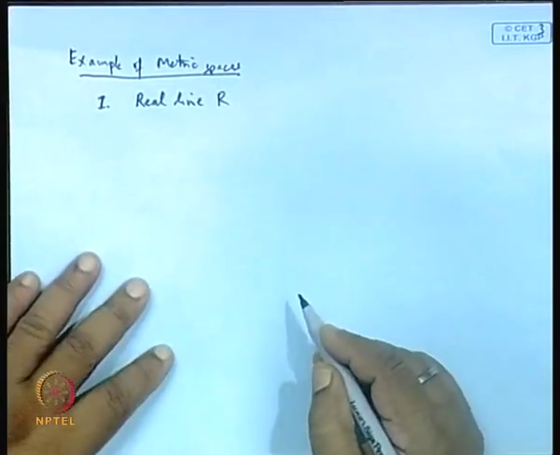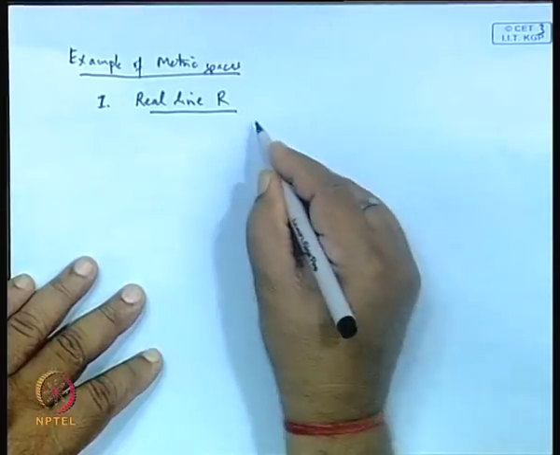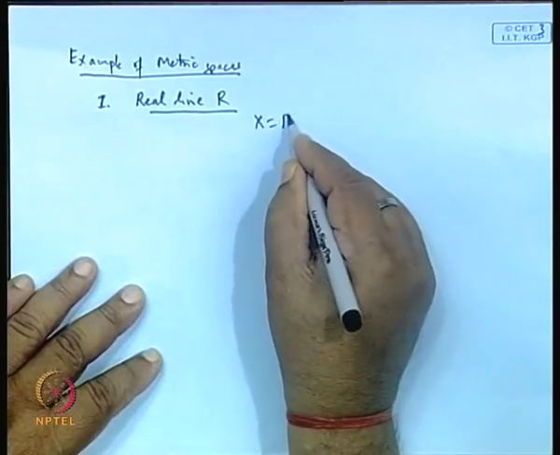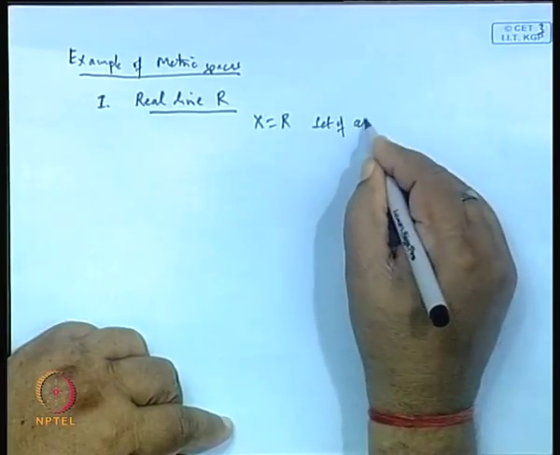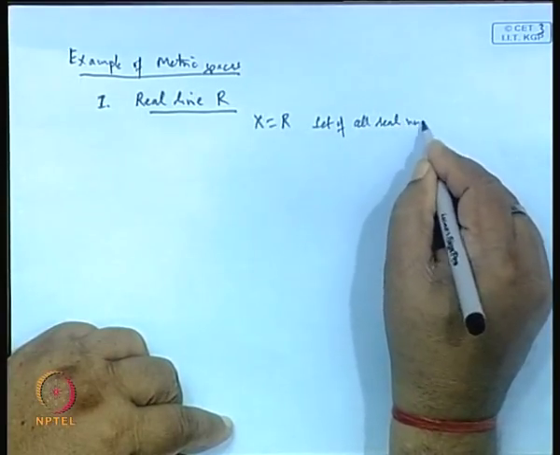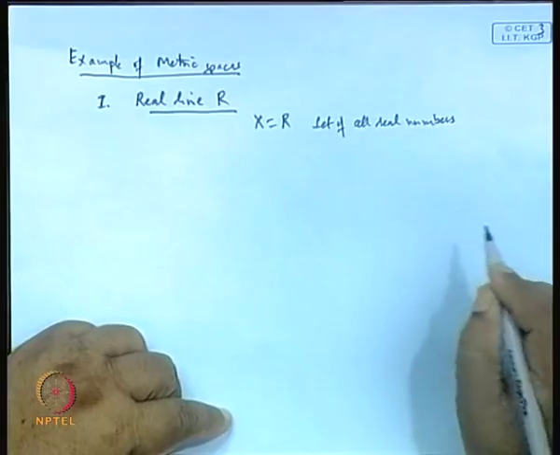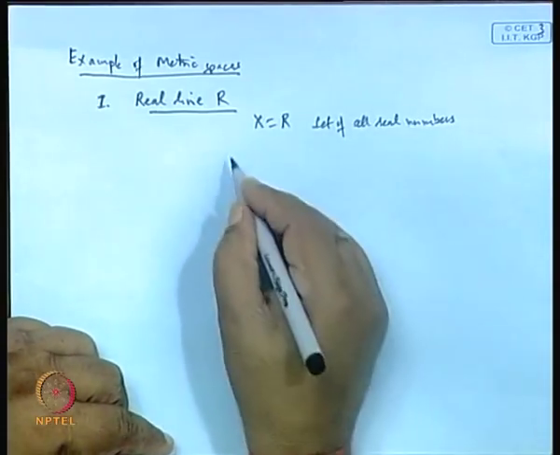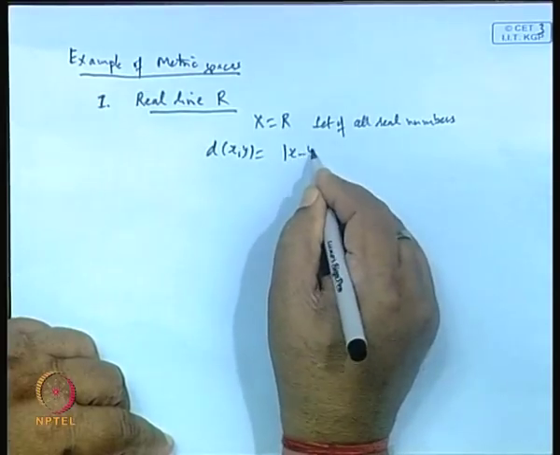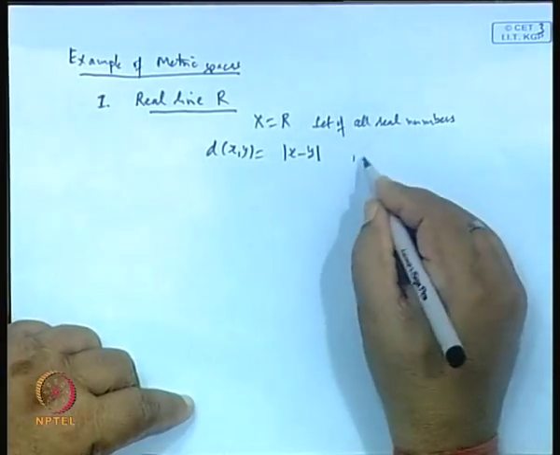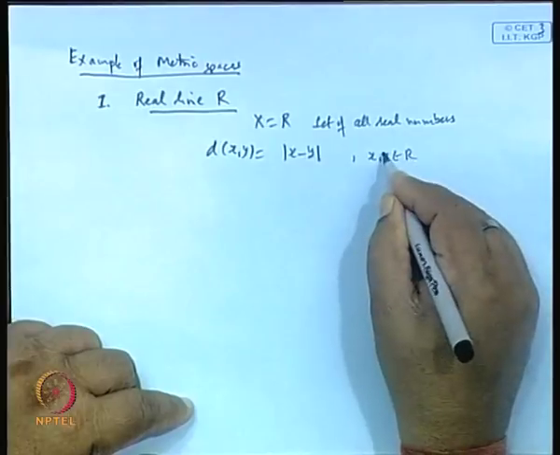So, let X be the set of all real numbers and the notion of the distance d is defined as mod of x minus y, where x and y are real.